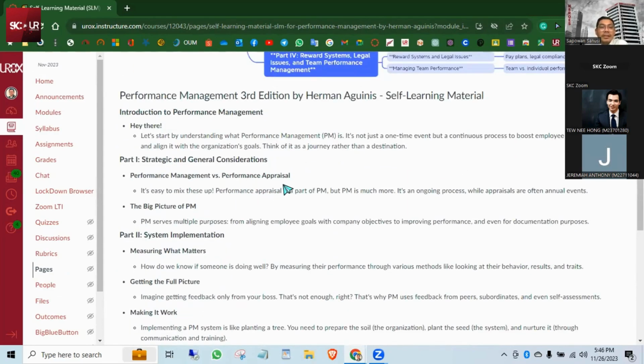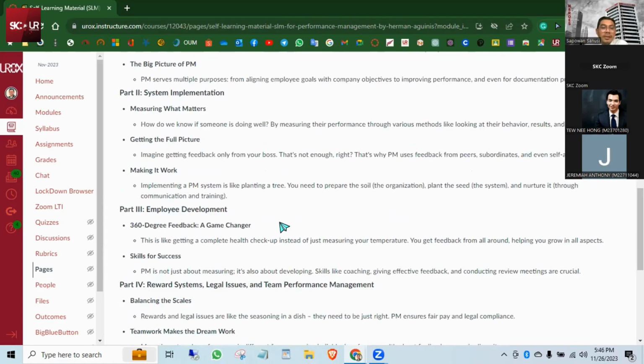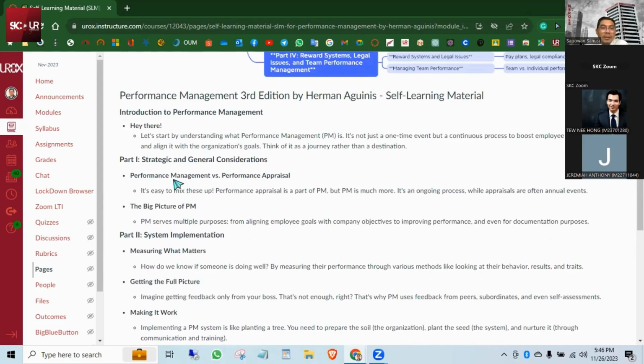So if you think this book gives you some good references, you can go through it, because in this book, I think you can look for the difference between performance management and performance appraisal.